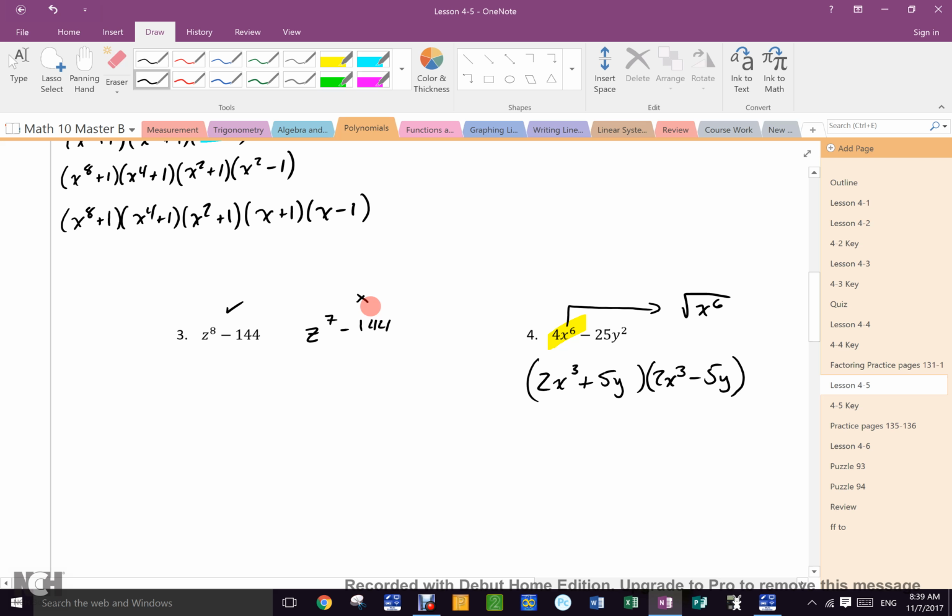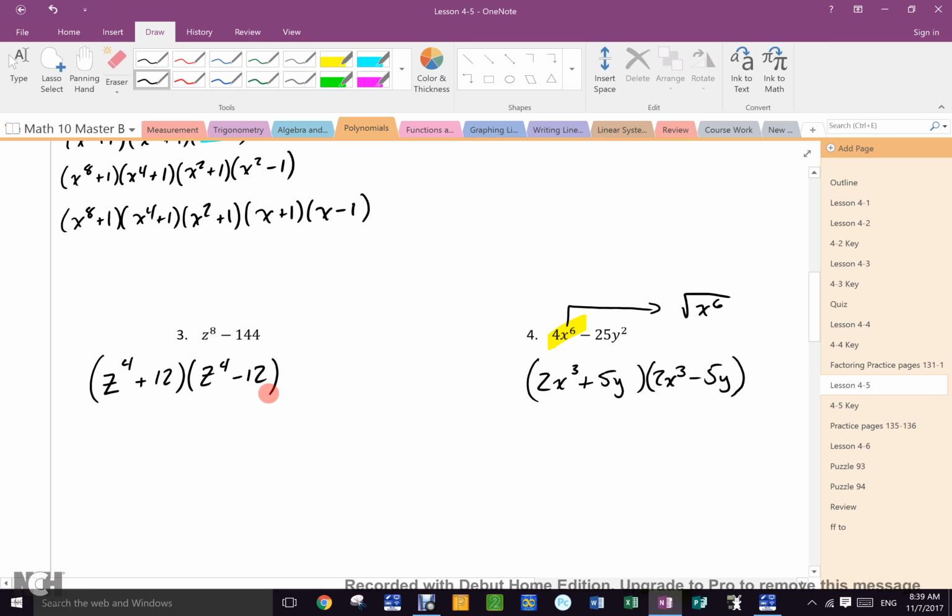The 8 is an even number, so I can take out groups of 2, can't I, Jasreet? So, what is the square root of z to the 8th? Z to the 4th. What is the square root of 144? 12. Then what do I write? Z to the fourth minus 12.